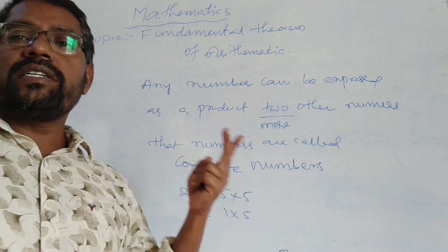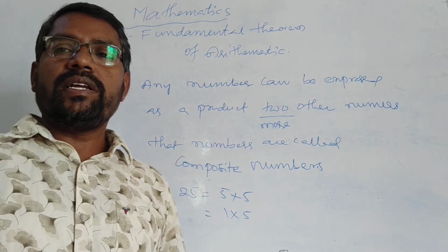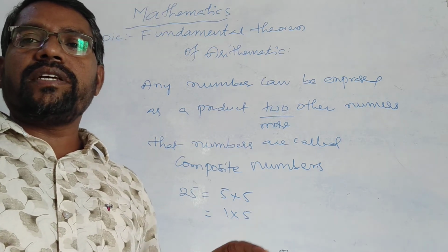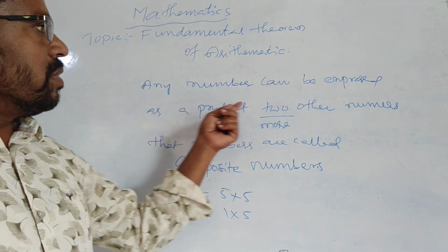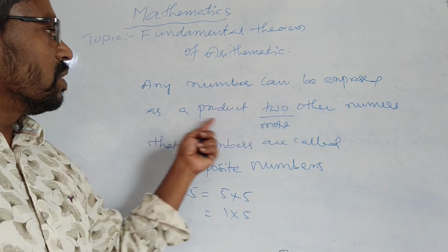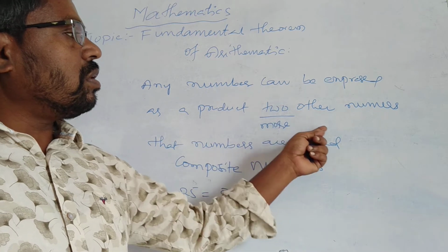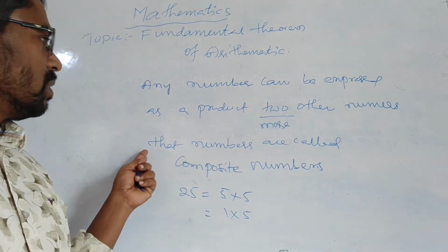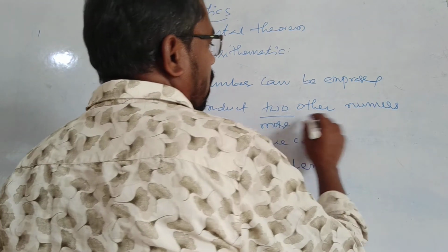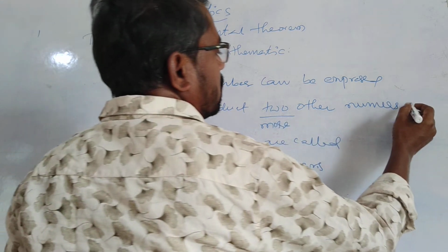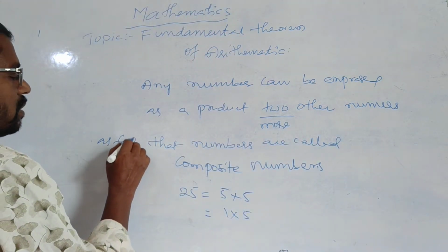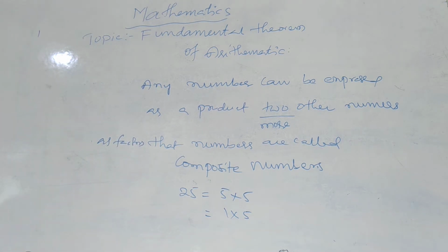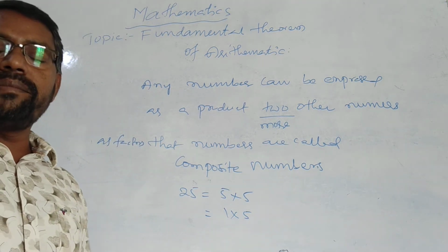At least two factors must exist, one and itself, and another one. So any number can be expressed as a product of two or more other numbers as factors.